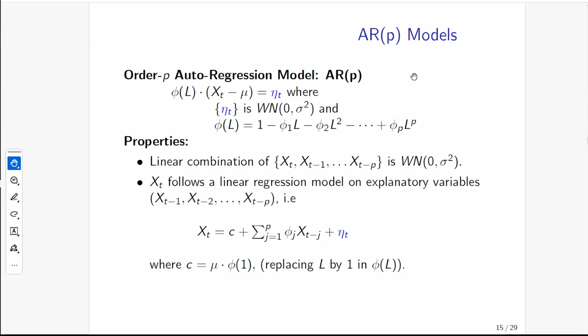And if we take expectations of both sides, we basically get mu, the constant expectation of the covariance stationary process, is equal to c plus the sum of phi j times mu, the expectation of each of the lags, plus 0. And so c turns out to equal mu times phi of 1.